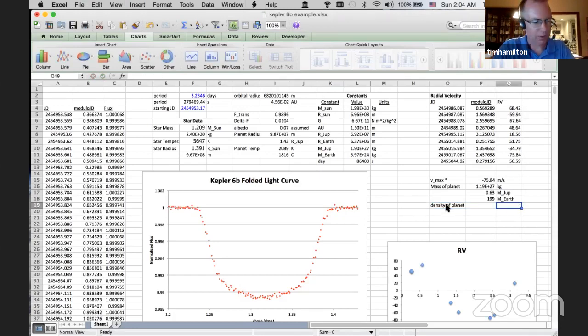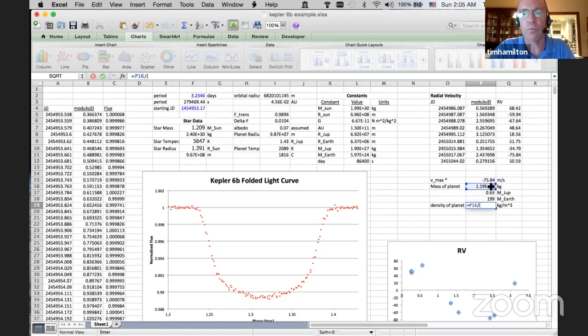Let's put it in kilograms per cubic meter. So we need to know the volume, wouldn't we? So that's going to be the mass of the planet in kilograms, divided by the volume, which is 4/3 pi r cubed. Got to make sure I'm not messing things up.